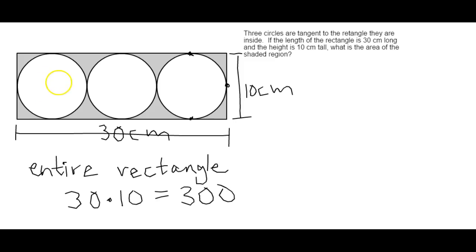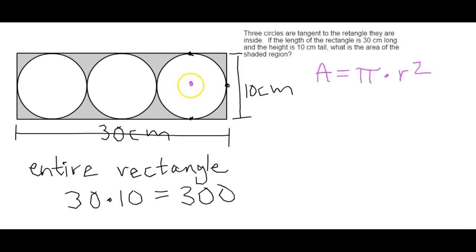So if we also find the area of the circles themselves, then we can subtract those two numbers. We want to take the entire area, which includes the circles, and get rid of the circle's area, so subtract that area out. The formula for area of a circle was pi times the radius squared.